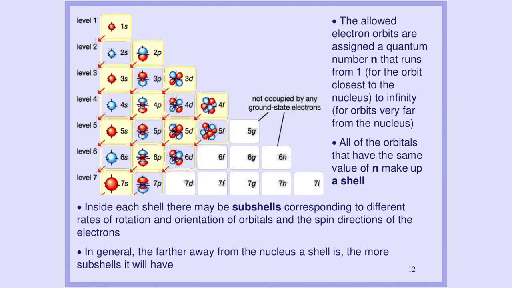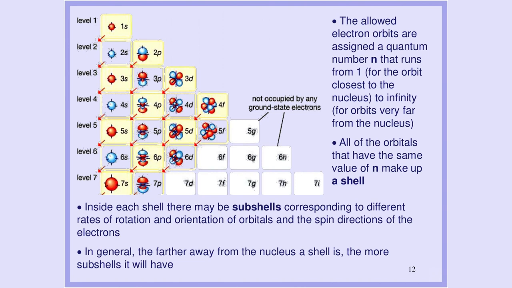The allowed electron orbits are assigned a quantum number n that runs from 1 for the orbit closest to the nucleus to infinity for orbits very far from the nucleus. All of the orbitals that have the same value of n make up a shell.